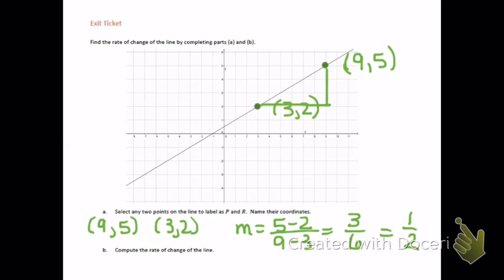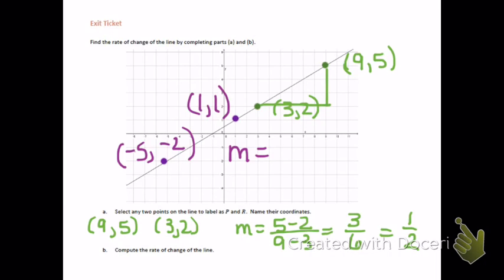I want to show you how I could have picked another set of points, even some negative values. So I could come down here and let me do that quickly. Okay, so these 2 points here, 1, 1, and -5, -2 are also on the line. So I should be able to use those in a slope calculation.